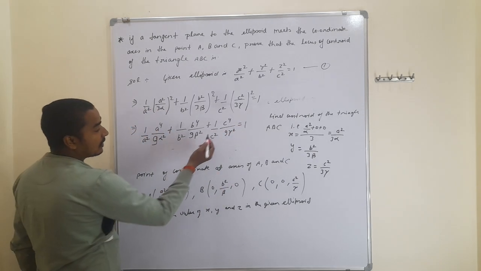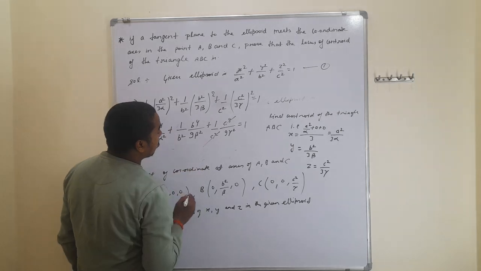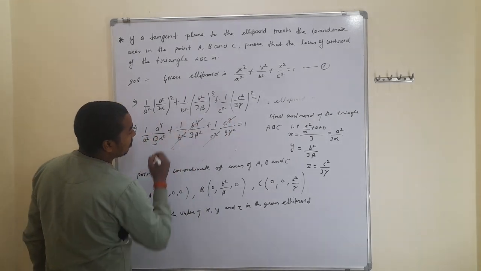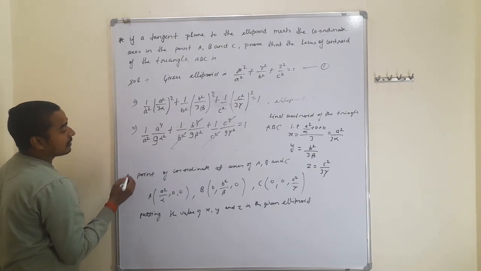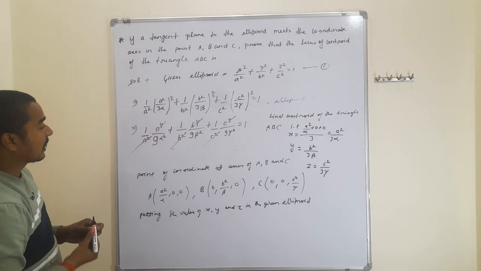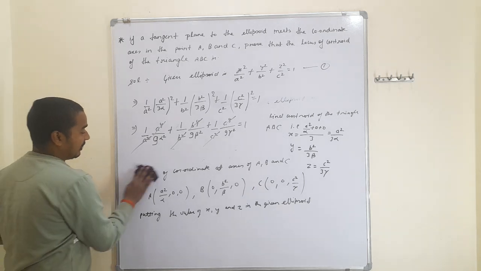From here c square to c to the power 4 is cancelled, remaining is c square. Also b square to b to the power 4 is cancelled, b square remains, and a square to a to the power 4 is cancelled, a square remains.